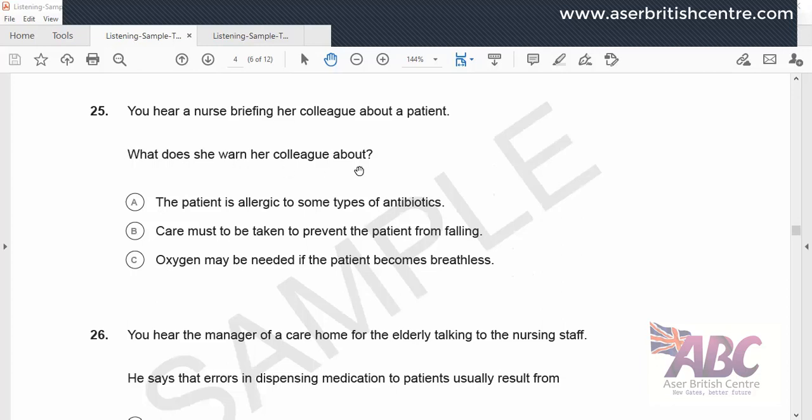Here we have this type. Pay attention to what I'm going to say right now. So here we have a question with a question mark. So this type of question is a direct question. While if you look here at 26, for example, we have an incomplete sentence.